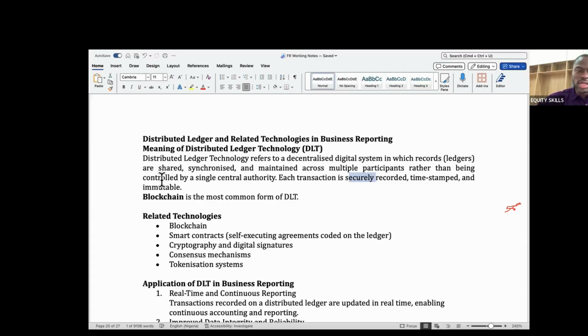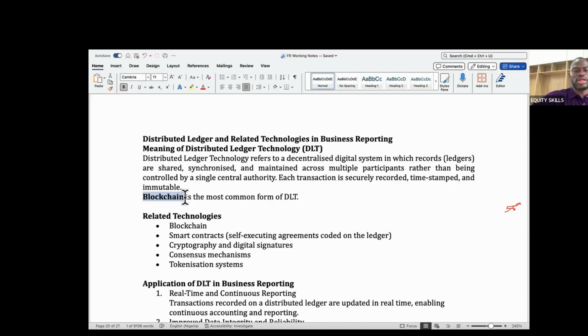And it is based on this technology that blockchain was developed. Blockchain is the most common form of distributed ledger technology. They have asked you guys about blockchain technology severally. It is developed on distributed ledger technology.